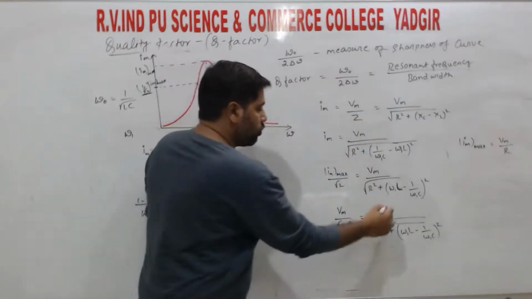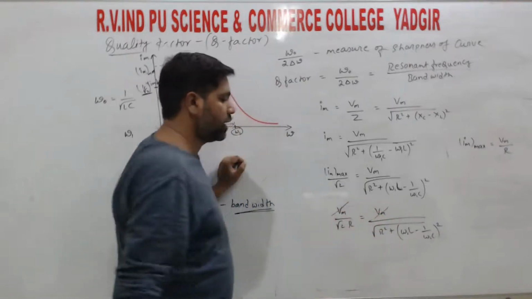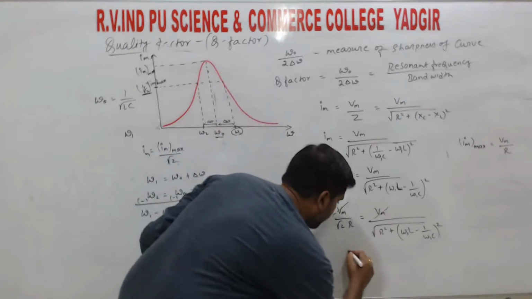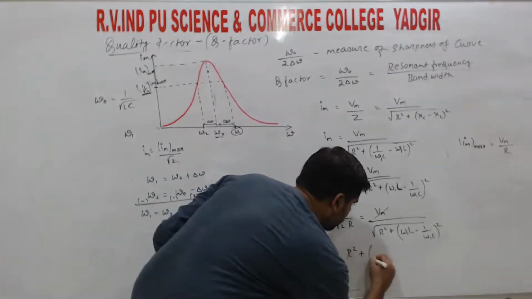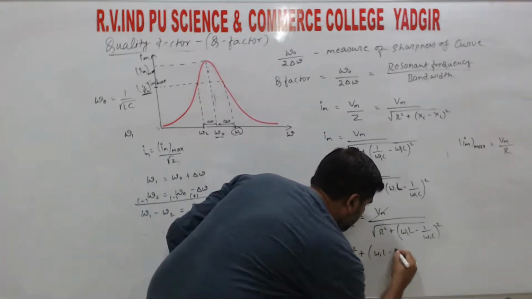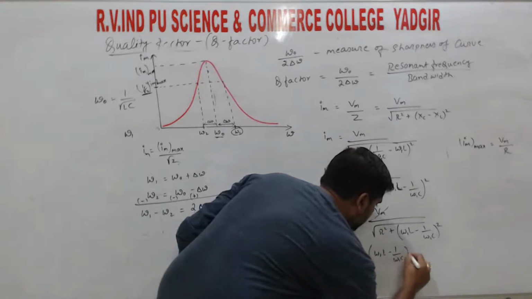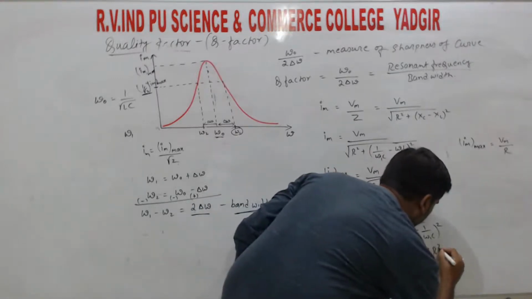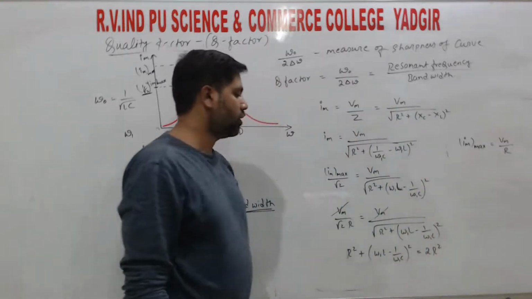Vm cancels. Squaring on both sides, R square plus (omega 1 L minus 1 by omega 1 C) whole square equals 2 R square, right?